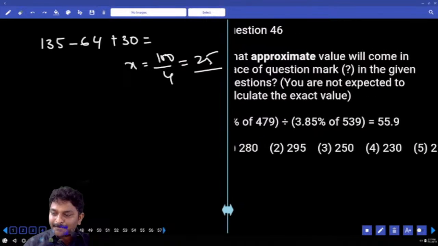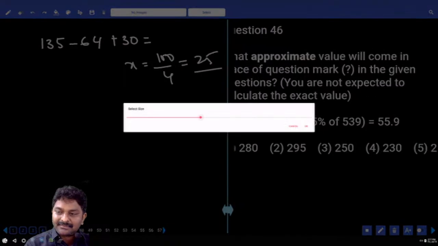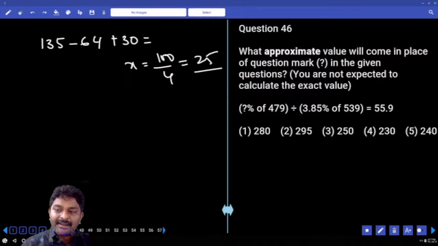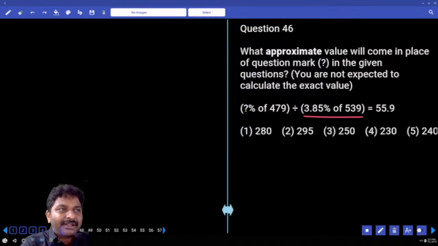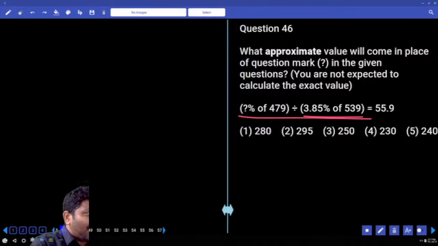Right, come on. This is one. Right, 4% of 540, 1% double. Otherwise, leave it like this. In both left hand side, numerator and denominator, we have percentage common kada. Right, leave it.